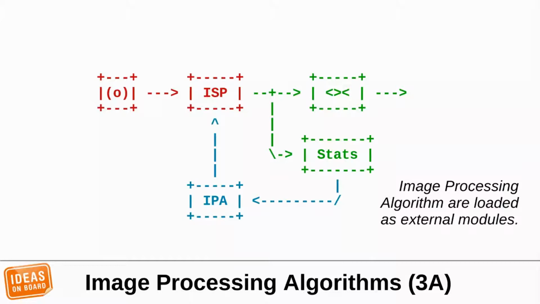So it's really the control loop for the hardware that runs in user space. And in libcamera, we provide a framework where these tasks can be implemented, which we call image processing algorithm modules, shortened to IPA modules. And they're loaded as external modules and external plugins.